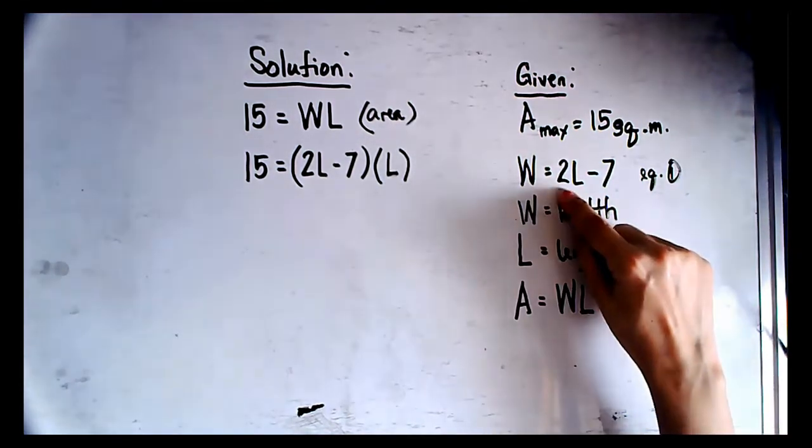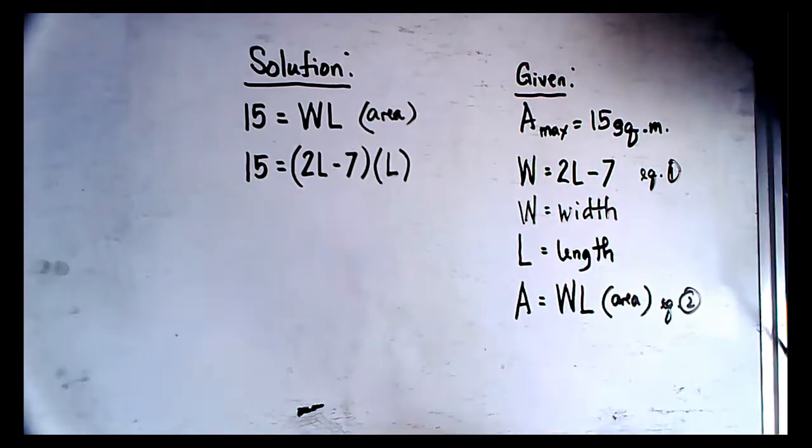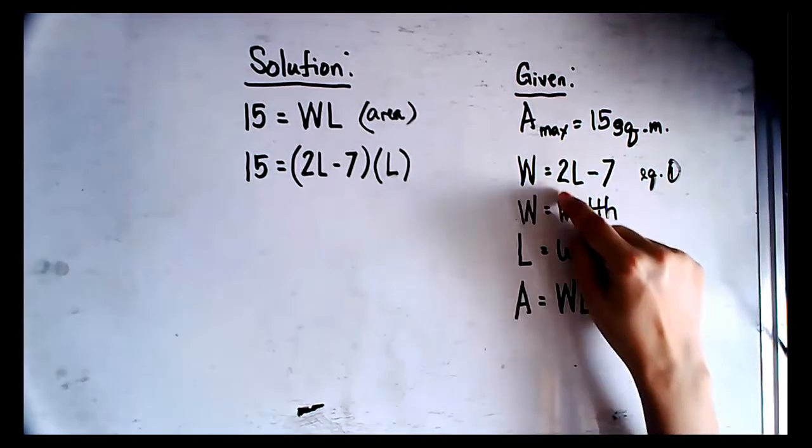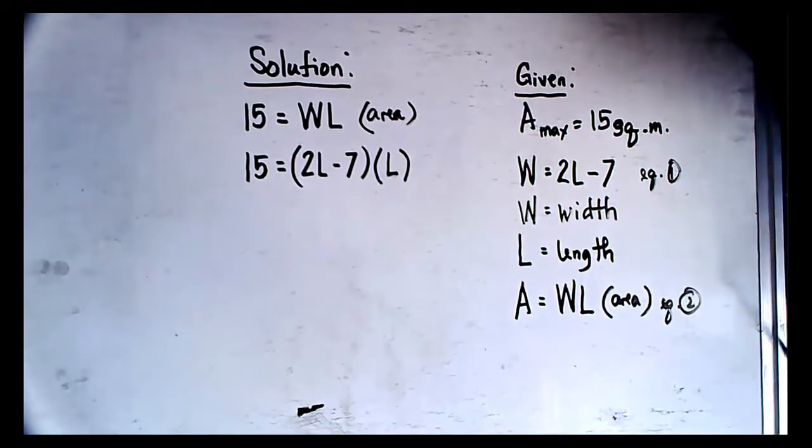So 2 times the length is 2L, minus 7, that is 7 meters less than 2 times the length. So in this particular case, we now have this equation, and by the use of the formula for this equation, we can continue.